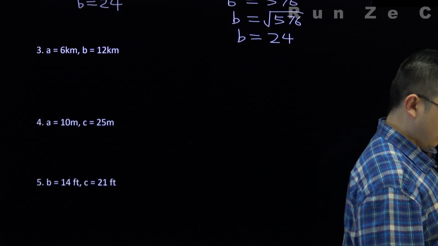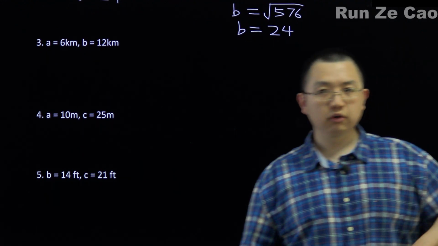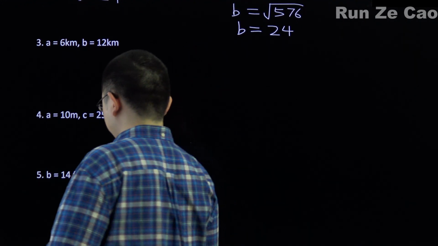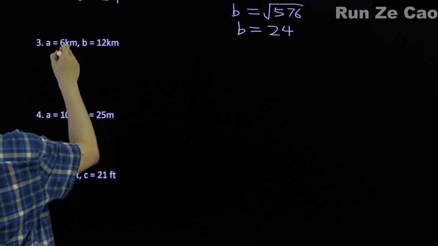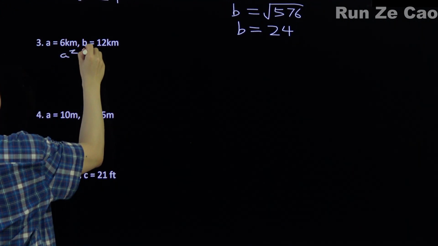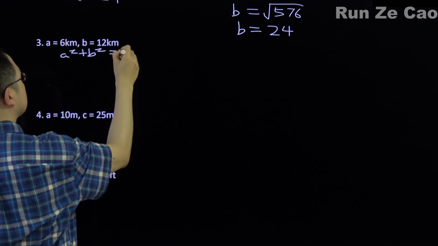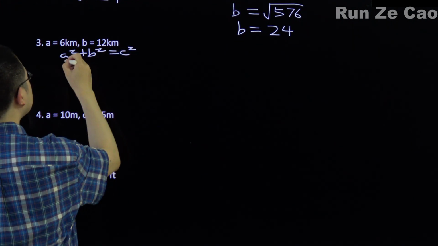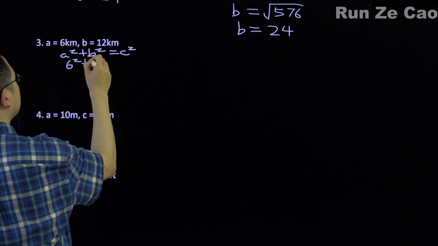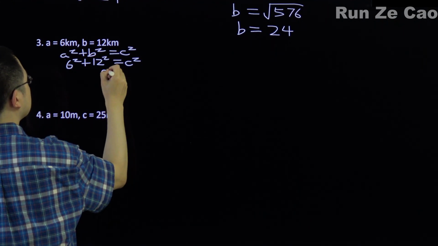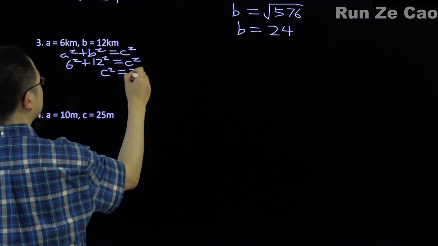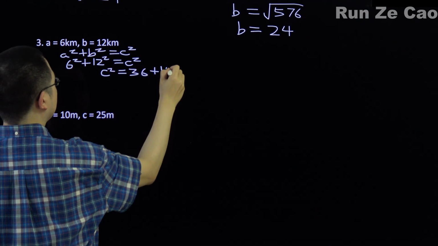So what if we know that A equals 6 kilometers, B equals 12 kilometers? Well, the convention is that C is a hypotenuse. Therefore, A squared plus B squared equals C squared. 6 squared plus 12 squared equals C squared. C squared is equal to 36 plus 144.